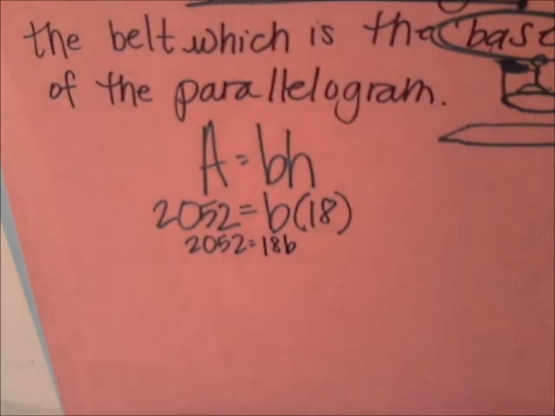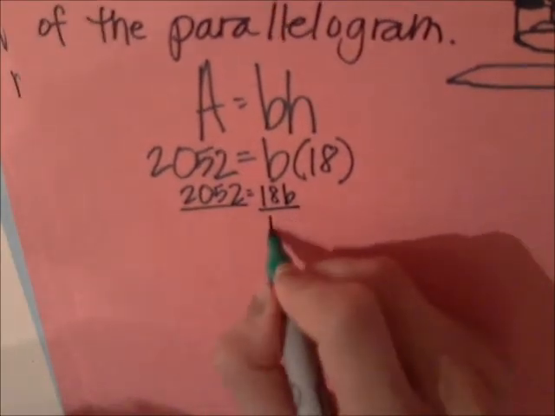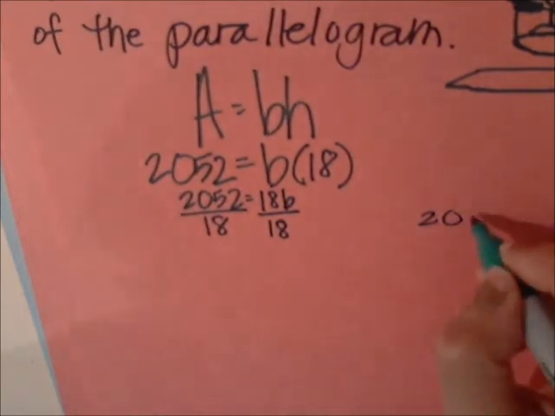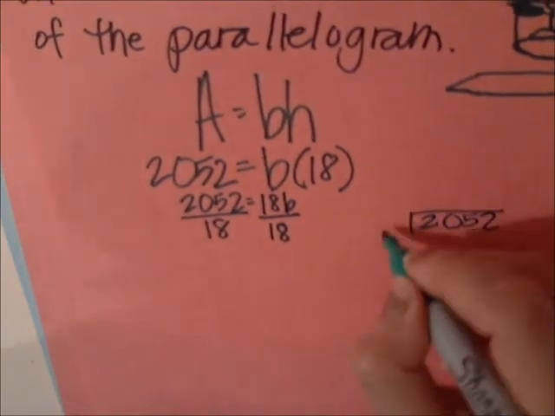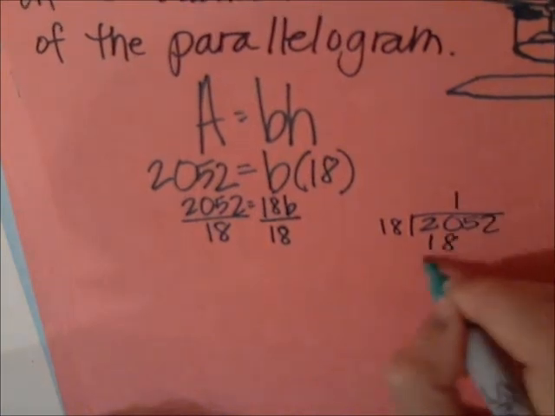Now what do I need to do here? I need to get b by itself, so I'm going to divide both sides by 18. Side work over here. My estimation skills tell me that this probably will work out for me.